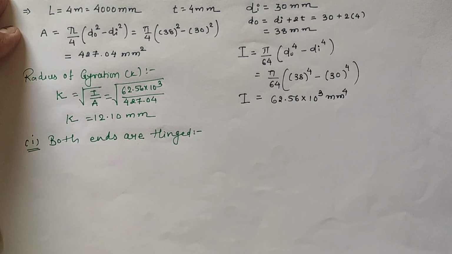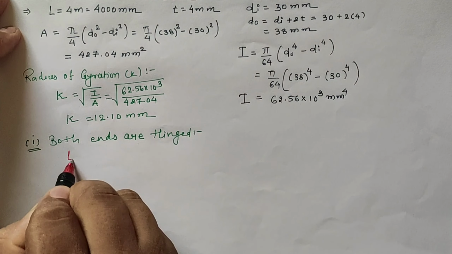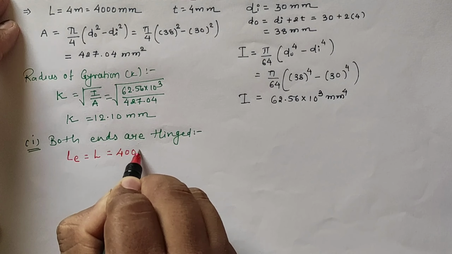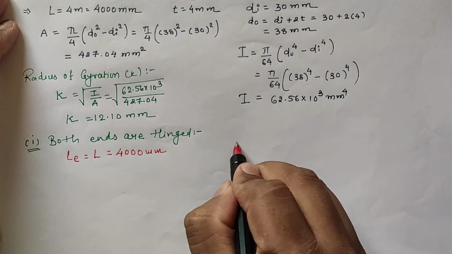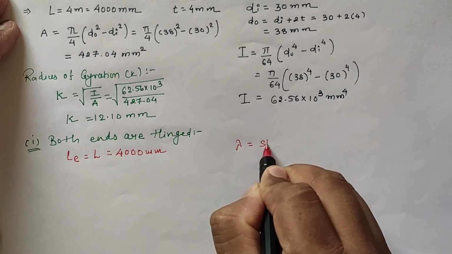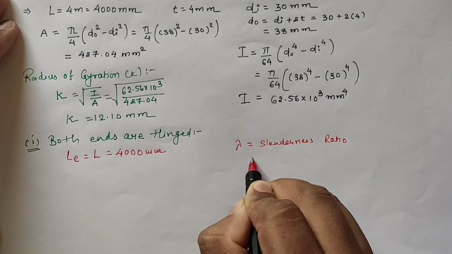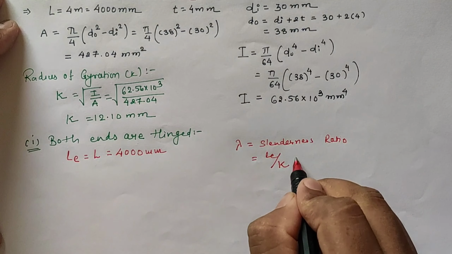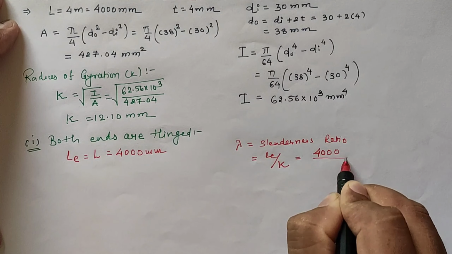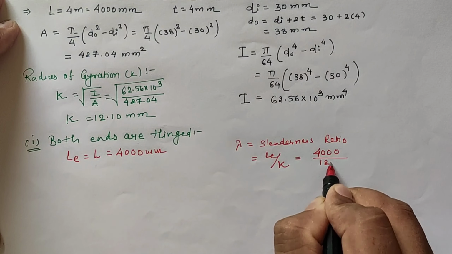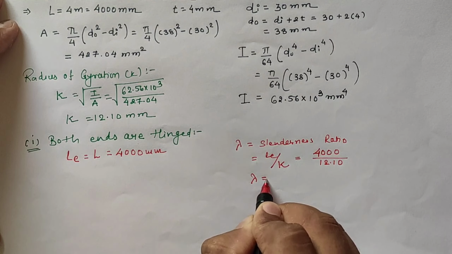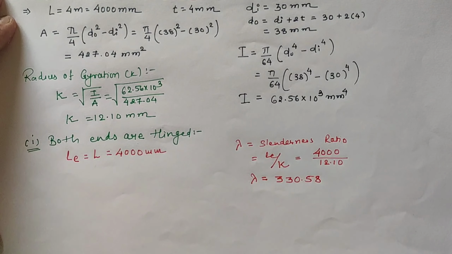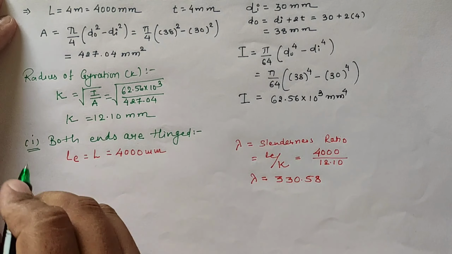Now if we focus on both ends hinged, then we can say that our effective length is equal to the given length, hence the effective length is 4000 mm and slenderness ratio lambda can be written by the equation LE by K. Now effective length is 4000 in this case and radius of gyration is 12.10, and our slenderness ratio lambda is equal to 330.58.